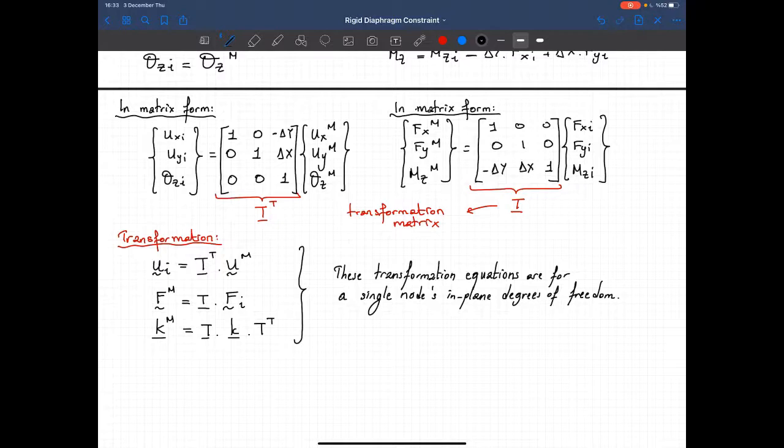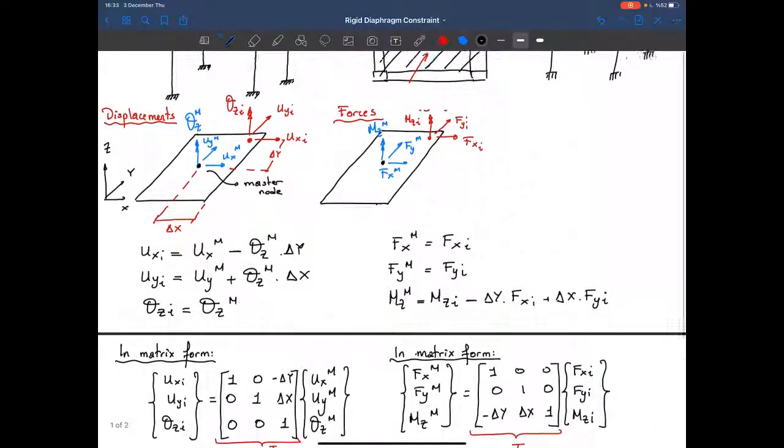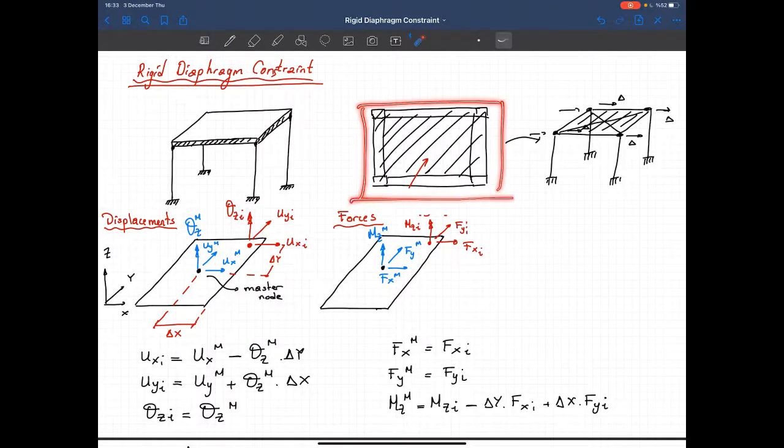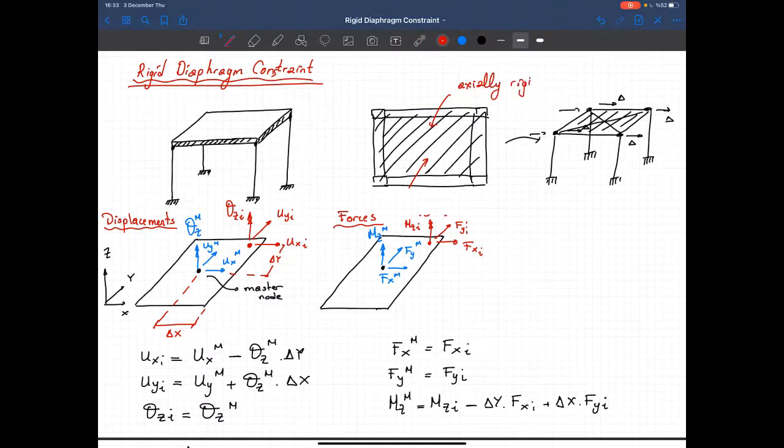So with the help of these transformations, we can define an axially rigid slab by defining its behavior with only 3 degrees of freedom.